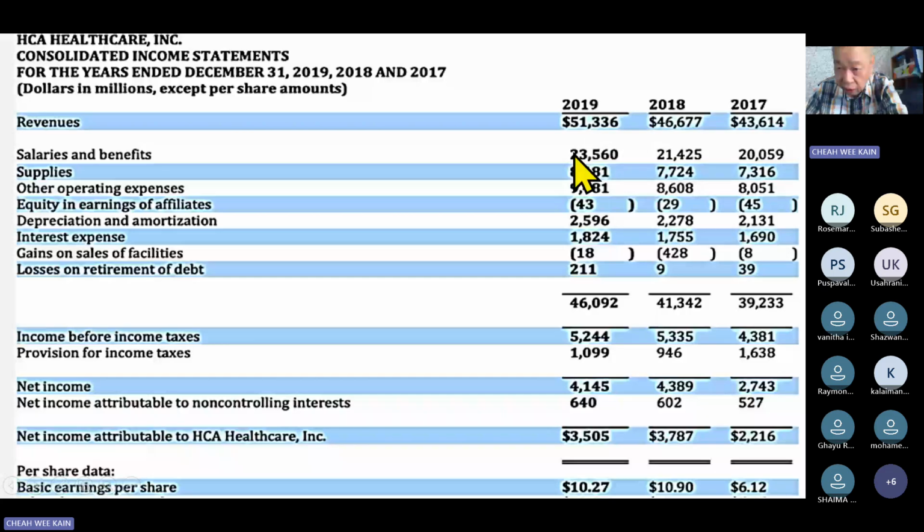Because you can see the amount going up, no problem. Net income also going up. But what's the ratio? If you just see a gross amount, you cannot see whether the company is doing well or not. Therefore, we use ratios. For the income statement, each item is a ratio to sales.